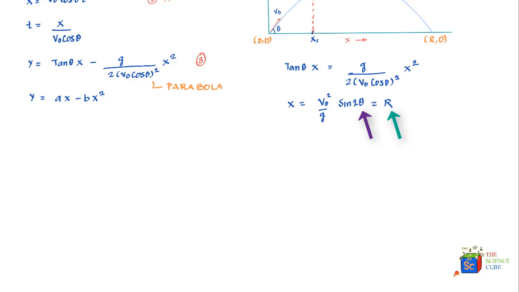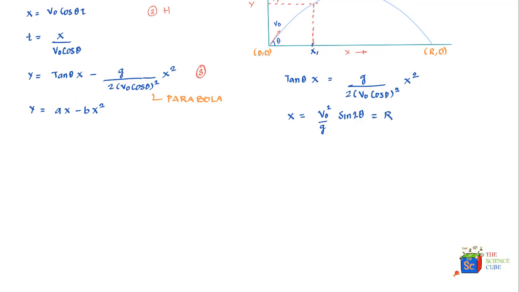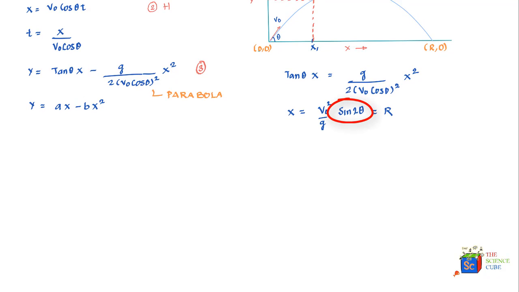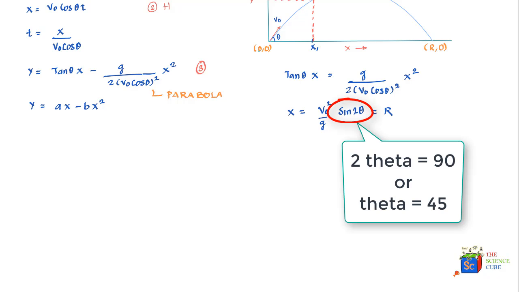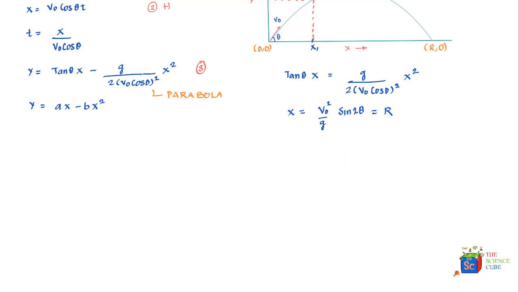You will find that the maximum range happens when sine 2 theta is maximum, and we know from mathematics that the maximum value of sine 2 theta is 1, in which case 2 theta should be 90 degrees or theta should equal 45 degrees. So when the angle of projection is 45 degrees, the range is maximum.